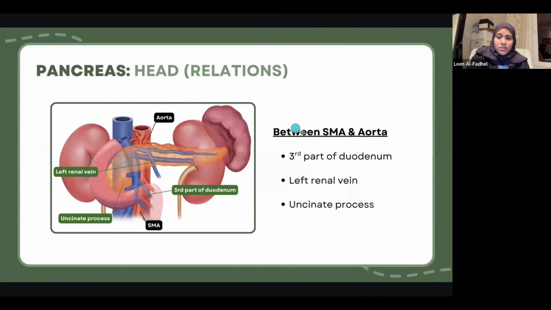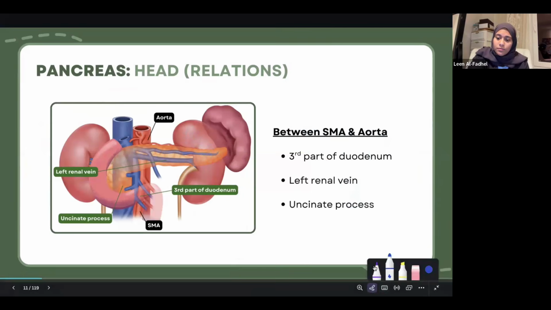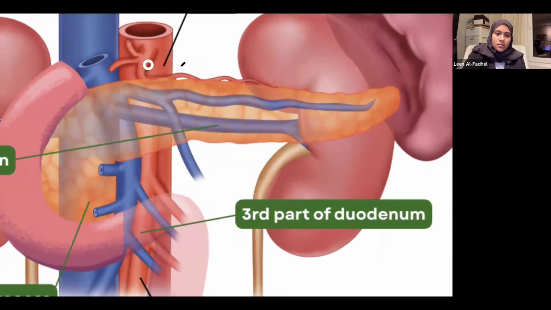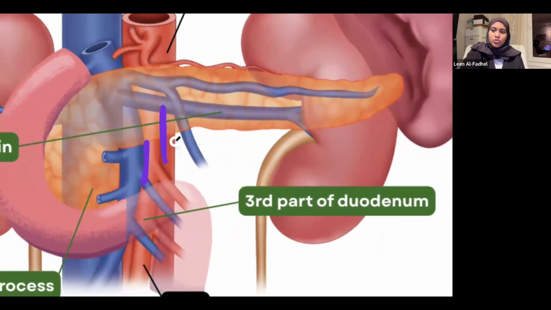So, next. Between the superior mesenteric artery and aorta, you have some structures. Okay? So, if you zoom in here, this is the aorta, and coming out of here is the superior mesenteric artery. Between them, you have some structures because this is the aorta. This is how the superior mesenteric artery goes. So there's some stuff in between.